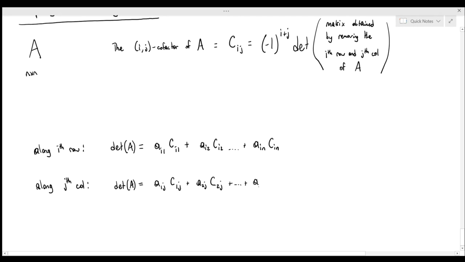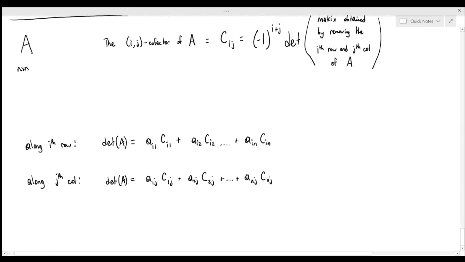And it turns out that this will also give you the determinant of A. So it doesn't matter which row or column you choose. You multiply the entries by the corresponding cofactors, add everything up, and you're going to get the determinant of A.